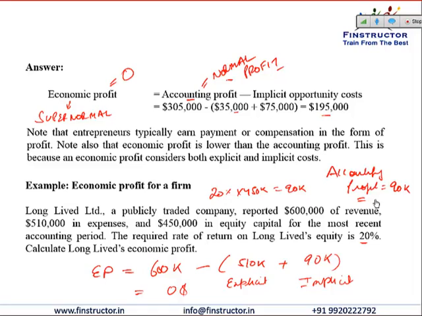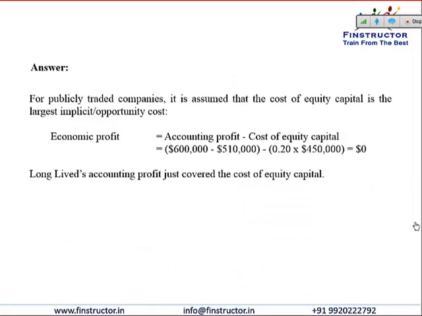So this accounting profit, which barely meets the implicit opportunity costs, is called the normal profit. So the economic profit in this case is 0, or we can say the accounting profit just covered the cost of equity capital, or what this $450,000 could have earned us elsewhere also.